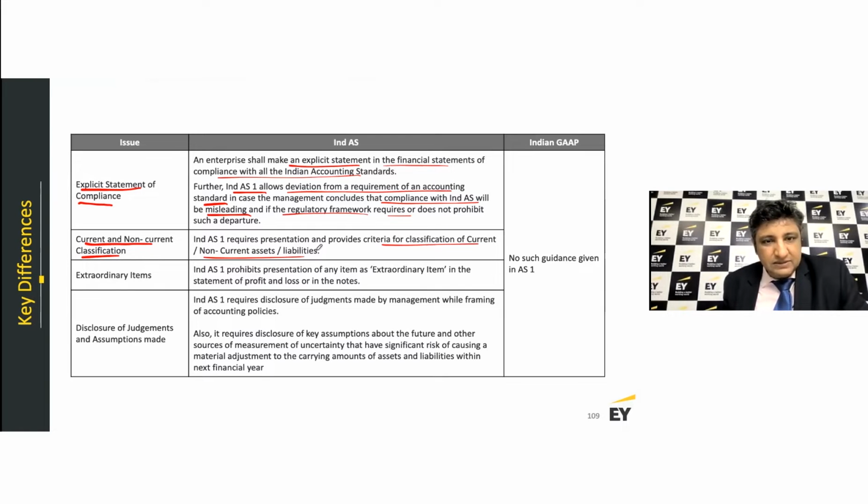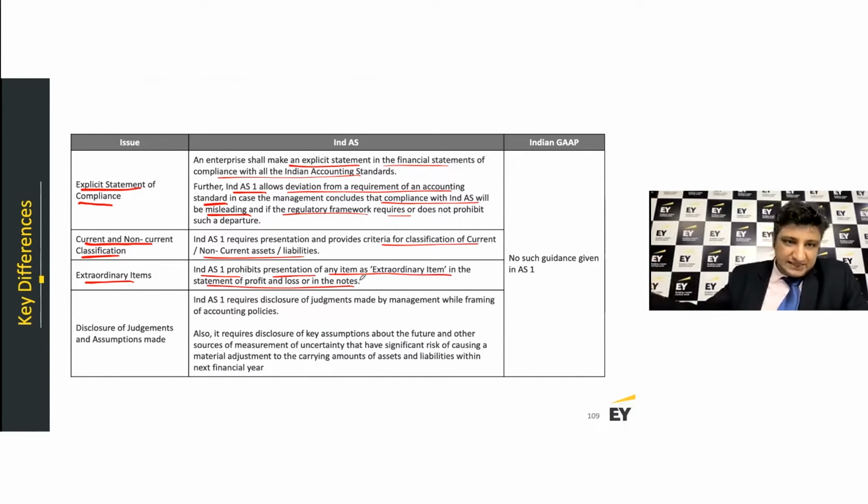The order of liquidity is also there, as we discussed in the initial coverage of the balance sheet, but predominantly it is the current and non-current classification of both assets and liabilities which is required. Ind AS specifically prohibits the use of extraordinary item as a phrase. So this term is practically missing from the Ind AS perspective.